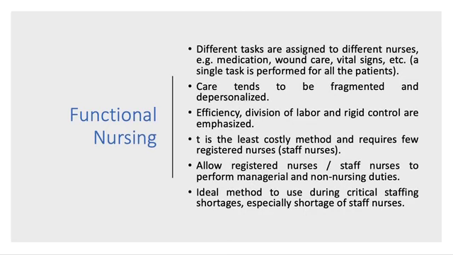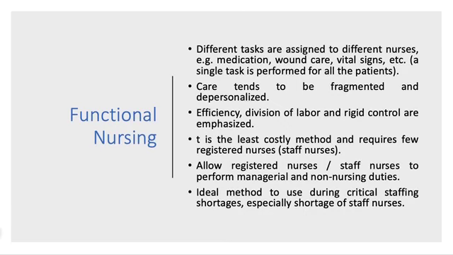Now we'll move on to functional nursing. In functional nursing, different tasks are assigned to different nurses. Example, medication, wound care, vital signs, etc. Single task is performed for all the patients. Now, in functional nursing, care tends to be fragmented and depersonalized because different nurses will be assigned, say, for example, to one patient.